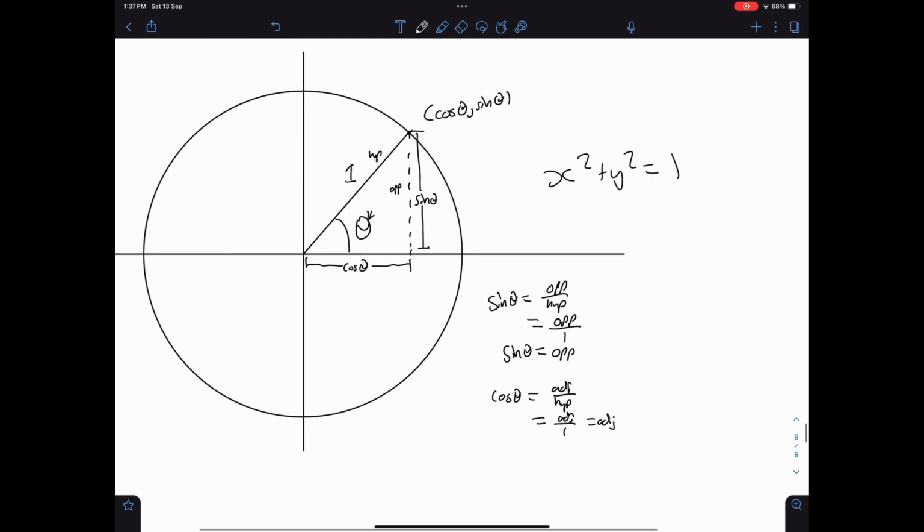And additionally, it could work for any length of the hypotenuse, not just 1.